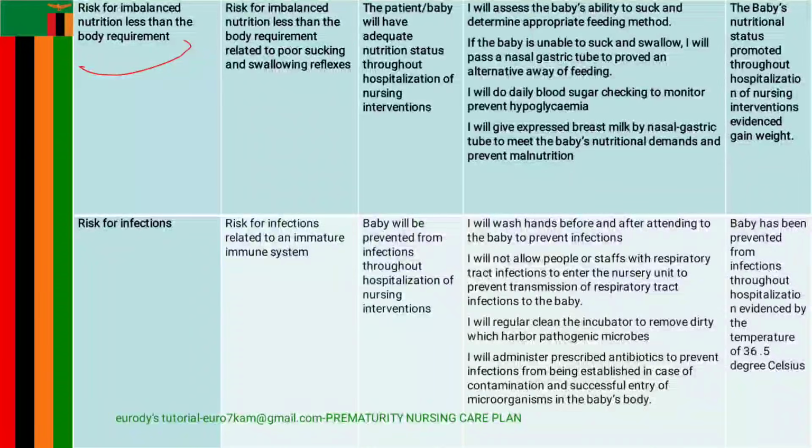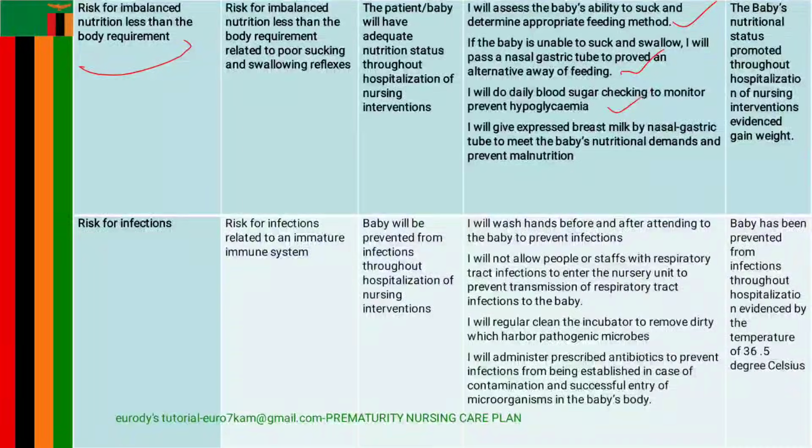In terms of intervention, you can talk about assessing the ability of the baby to suck, and this will determine the appropriate feeding method. Then apart from that, you can say if the baby is unable to suck or swallow, I will insert a nasogastric tube as an alternative way of feeding.